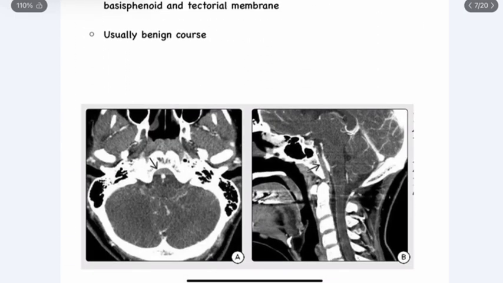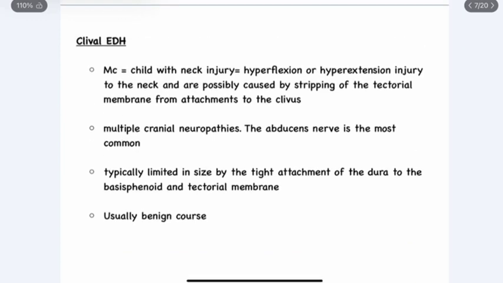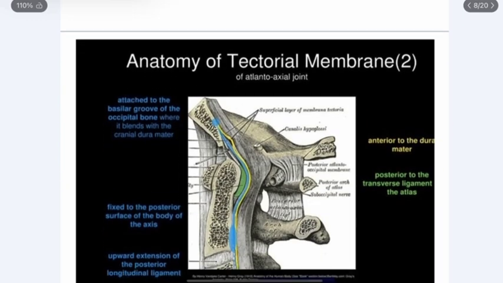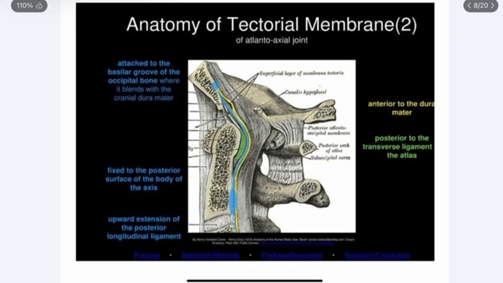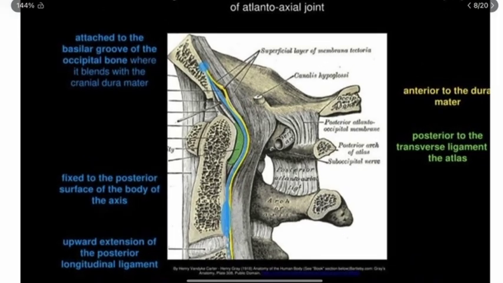Then clival EDH. Before studying clival EDH, we need to know some anatomy. First, we will study the anatomy of the tectorial membrane. The tectorial membrane is basically the upward extension of the posterior longitudinal ligament. Then it is fixed to the posterior surface of the body of axis, and as it advances further, it blends with the dura mater ultimately.